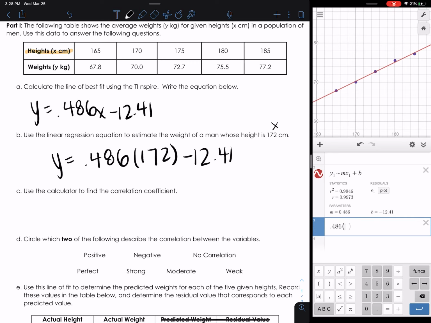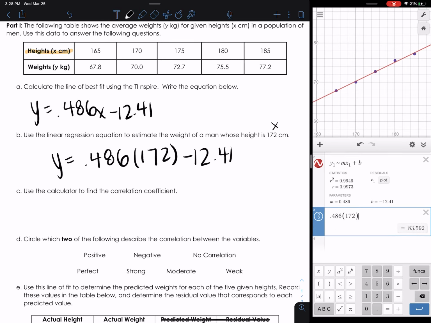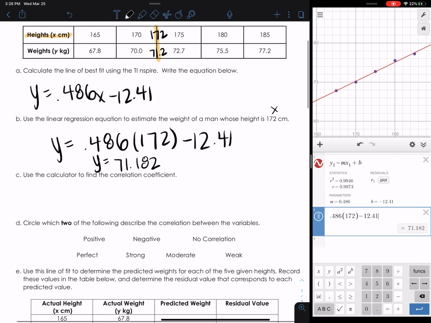That tells us that the predicted weight of a man whose height is 172 centimeters should be 71.182. If you look right here, that's where those points would fall, because 172 is between 170 and 175, and the weight is 71.2 if we round it. So it makes sense. That's a good prediction based on the data that we have.